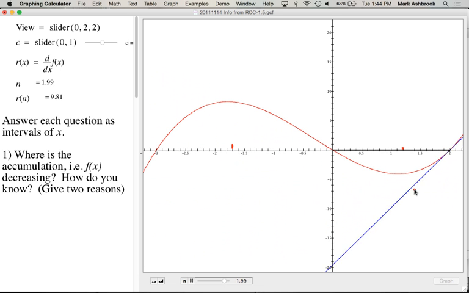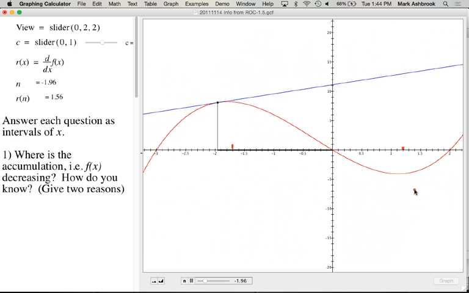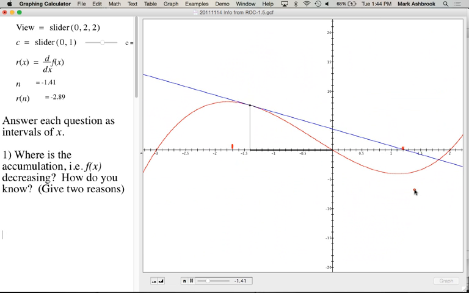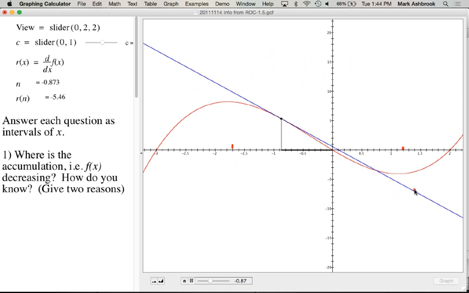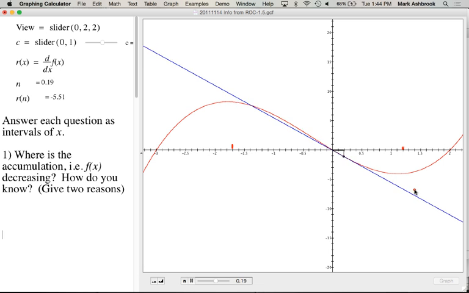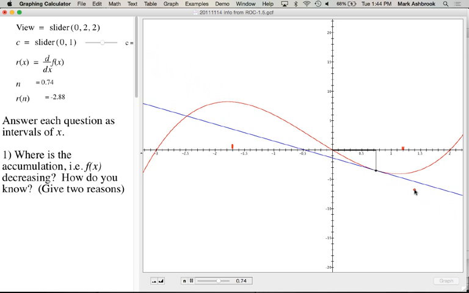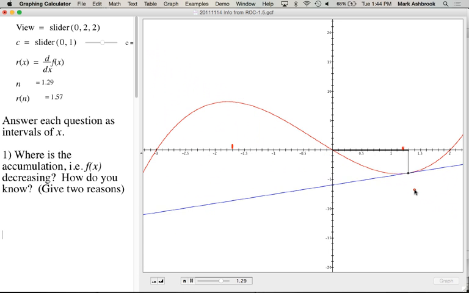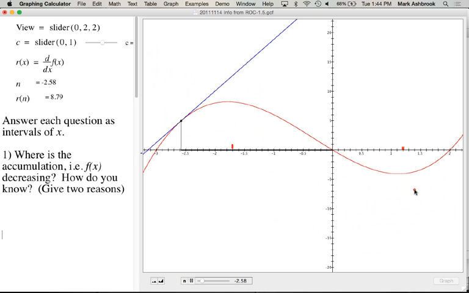What is it that you're looking at, from that interval from negative 1.7 to 1.2, that tells you it's decreasing? Okay, so he was talking about the values of the rate. I'm going to stick with the values of the rate. What is it about the values of the rate that you know that it's decreasing from about negative 1.7 to about 1.2?